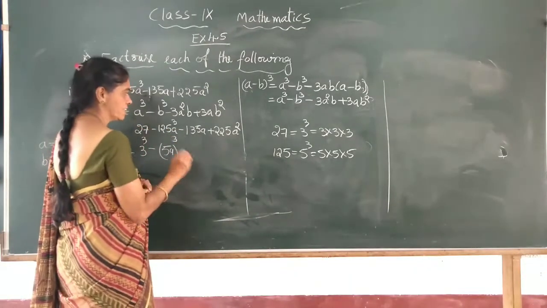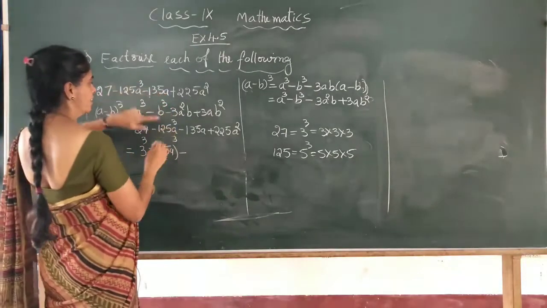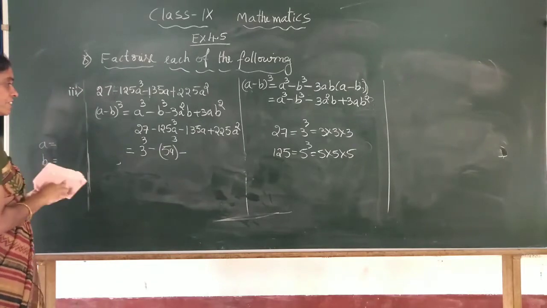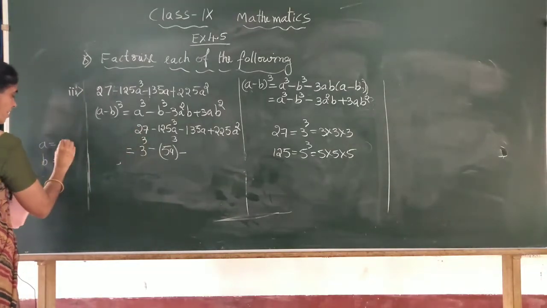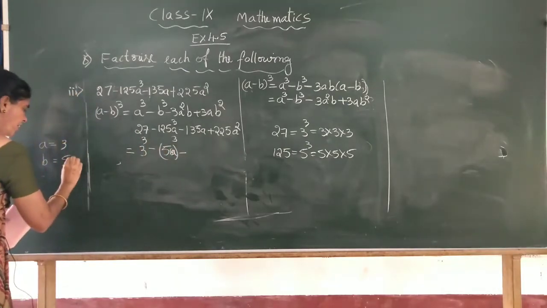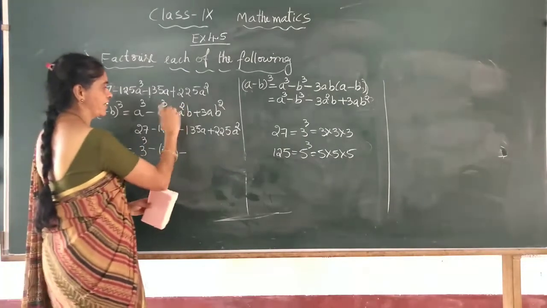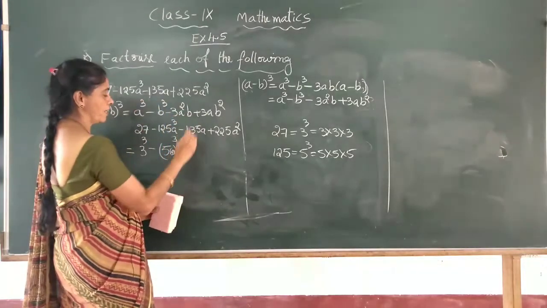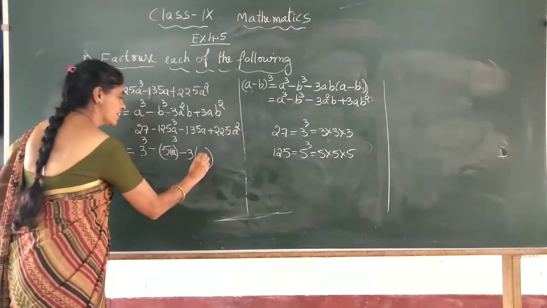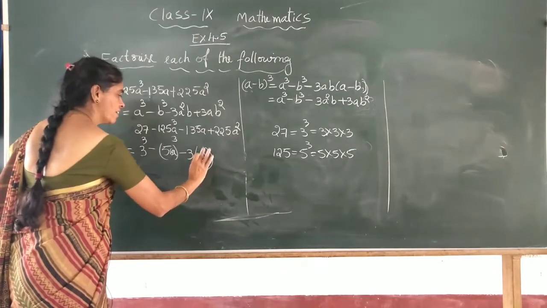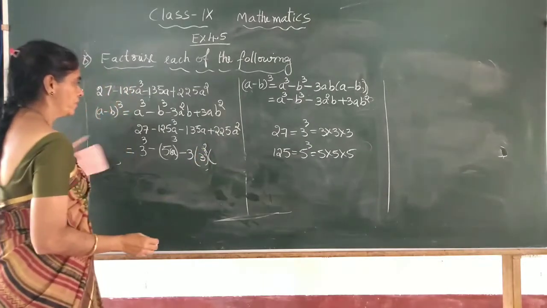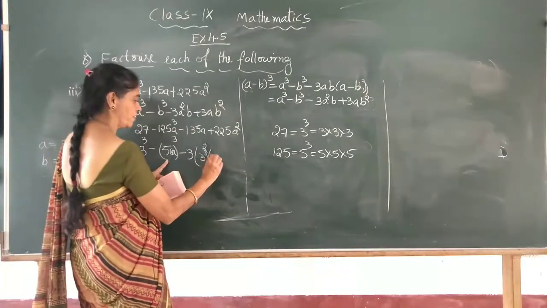Then minus, how to write it? 3a square b. So better write here, your problem. Now you got a cube. A is 3 and in the b place I wrote 5a. So now you have to write in which manner? 3a square b. 3 into, what is your a? A is 3. 3 square. Outside also you can write 3a square into b. B is 5a.